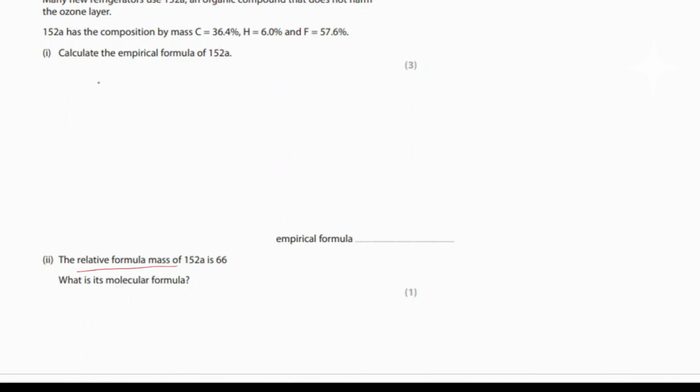So first of all we write the individual atoms, carbon, hydrogen, and fluorine.